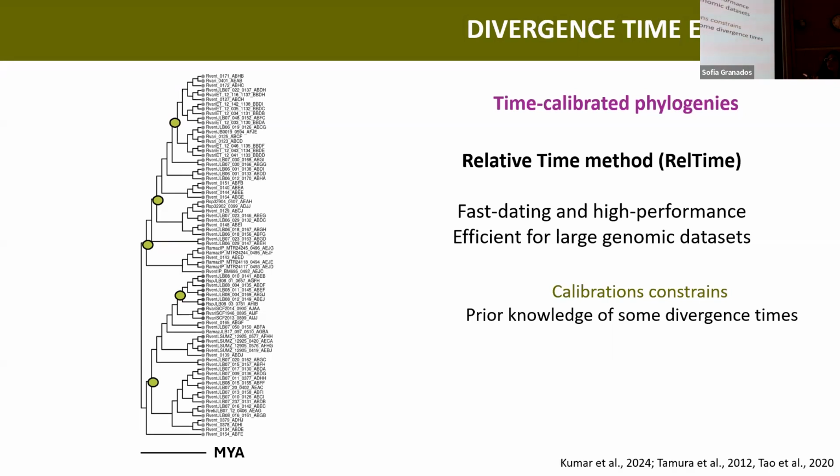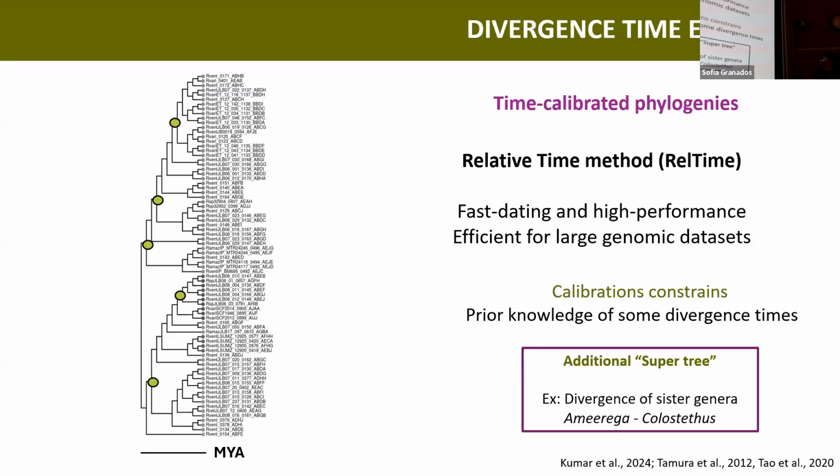So in order to build these time-calibrated phylogenies, I first performed an additional supertree where I did one single alignment with all of my species, and I included a lot of outgroups. And this is one example of the calibration constraints that I used. The Colostethus genus is the sister genus of Ameerega.